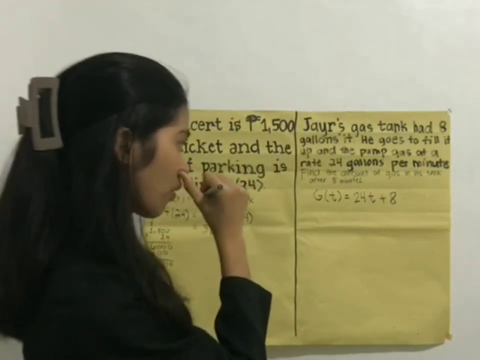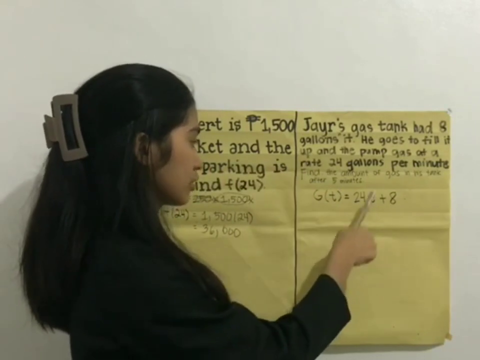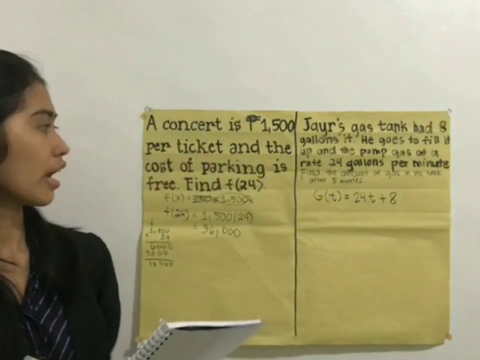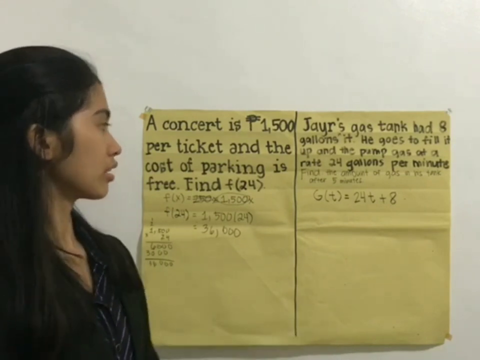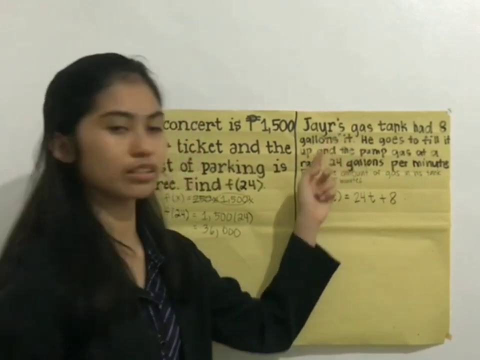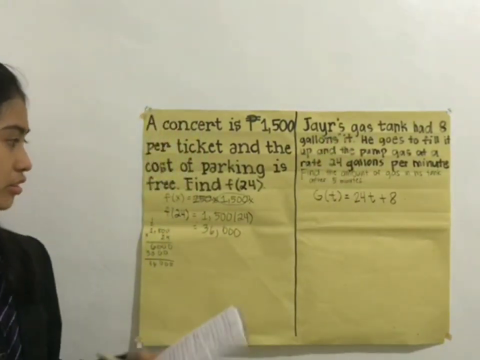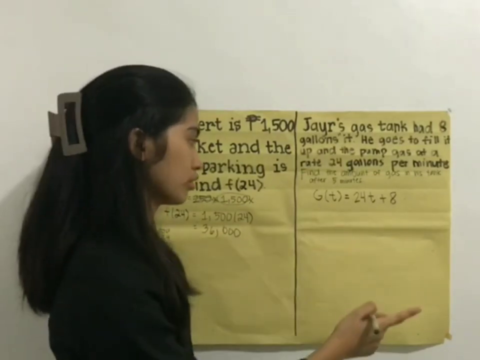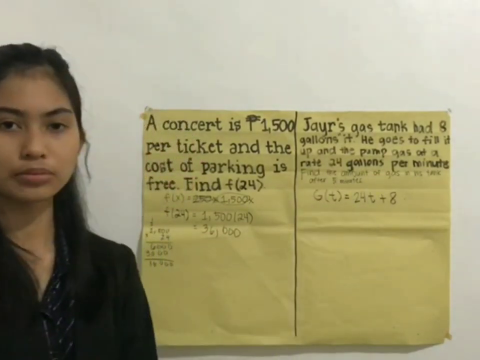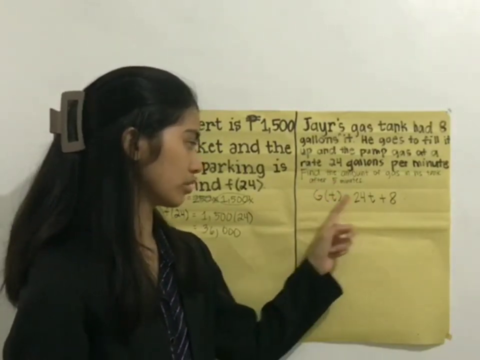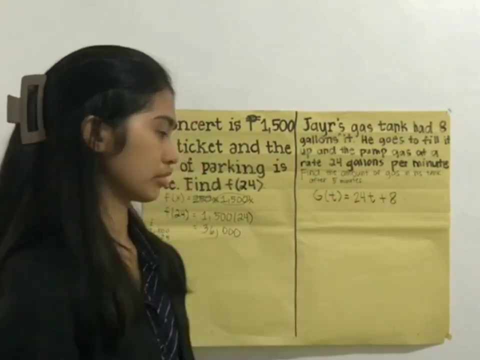So the 24 is the gallons per minute and the 8 gallons is the gas in JR's tank. So all we have to do is substitute the 5 minutes to the T variable.